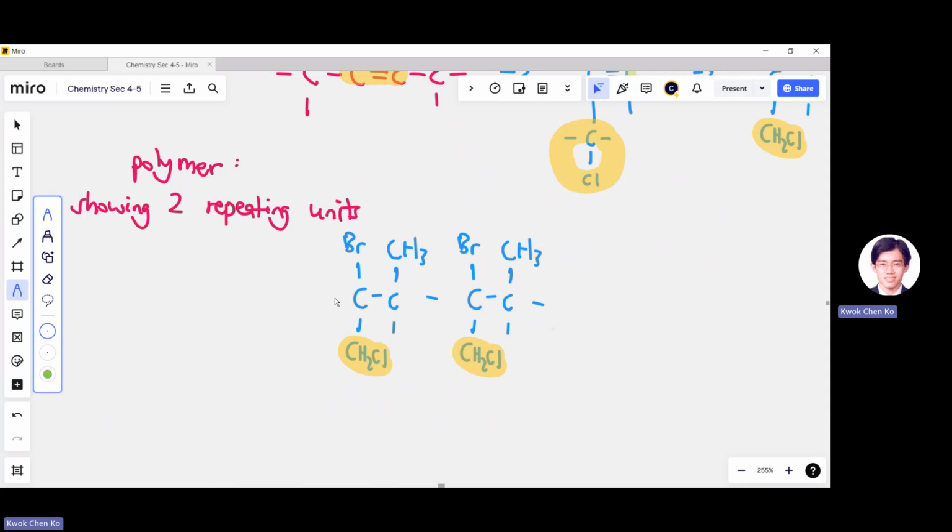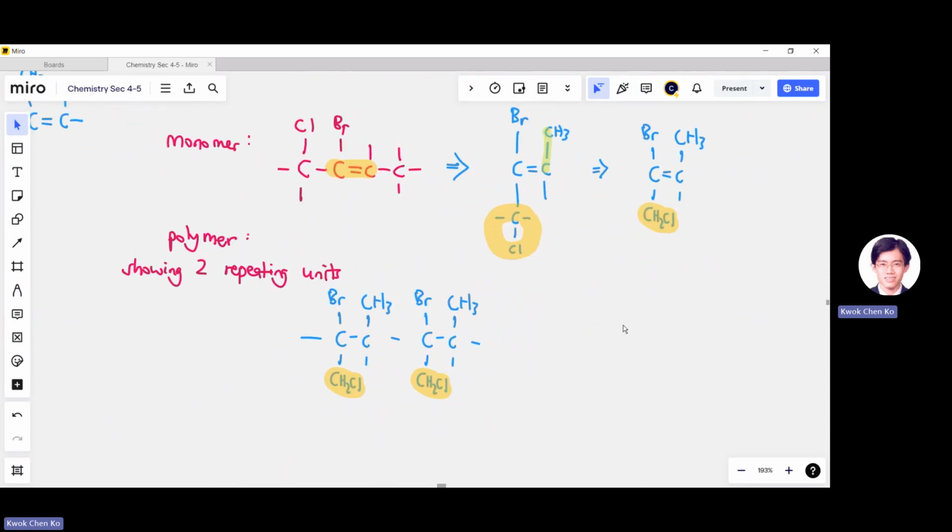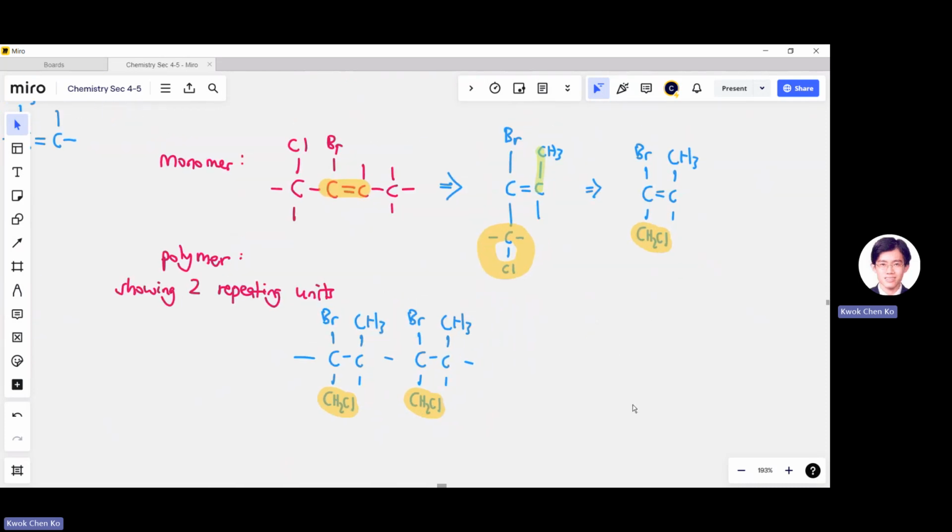We need to add in a single bond here. Yeah, 2 units, job done. I zoom out. Good enough. Okay, that's good. Any questions, anyone?